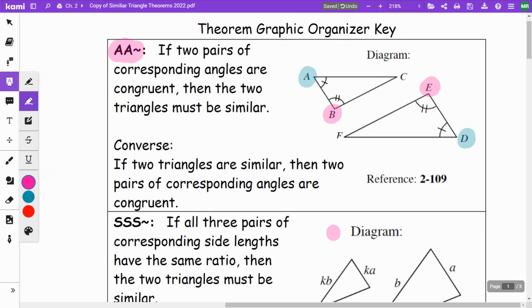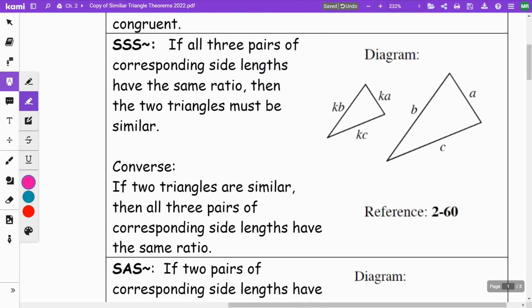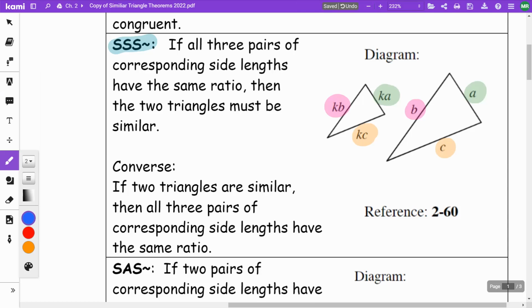The next one that we talked about was side, side, side. And when we're dealing with this, you have to pay attention to ratios. So in my original triangle, I am multiplying A by something and I get K times A. I'm multiplying B by something to get K times B. And I'm multiplying C by something to get K times C. So for this, we would need to set up our proportions.